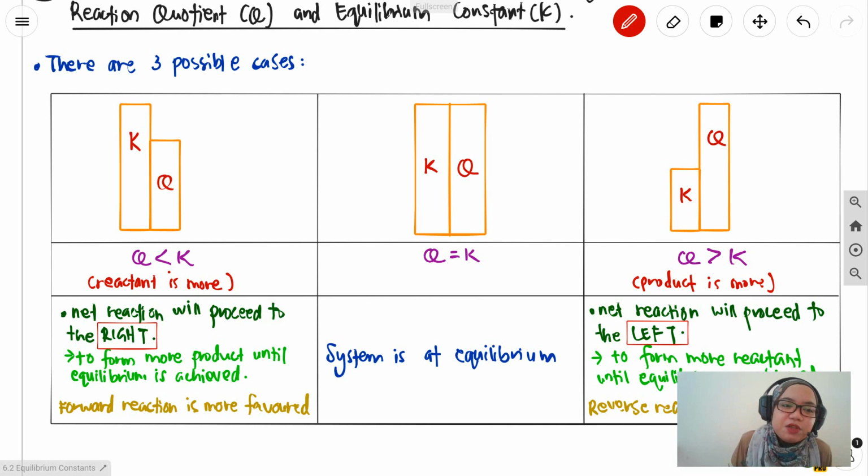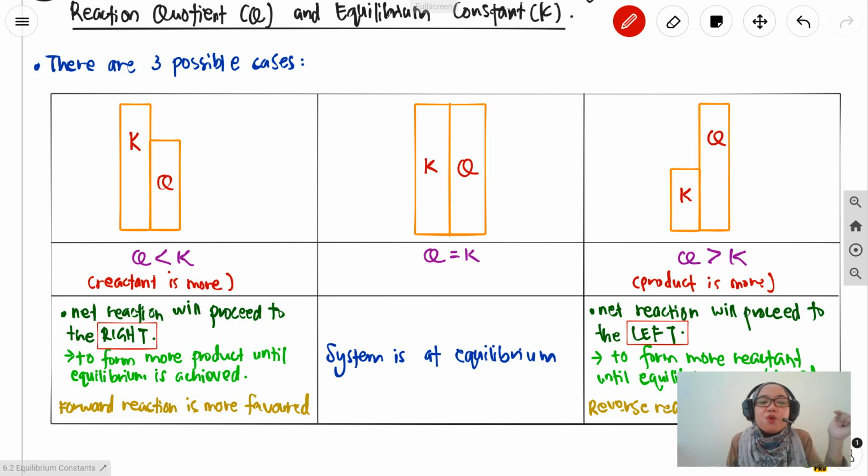Okay, second case, we look at the left side of the table, where Q is less than K. So when Q is less than K, it is said that the product is small. So when the product is small, the net reaction will proceed to the right. It will form more product until the equilibrium is achieved.